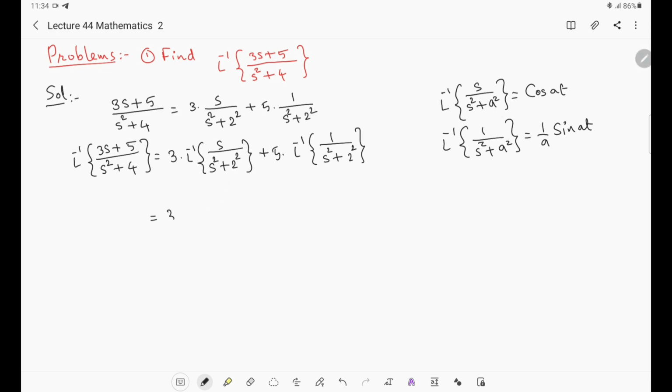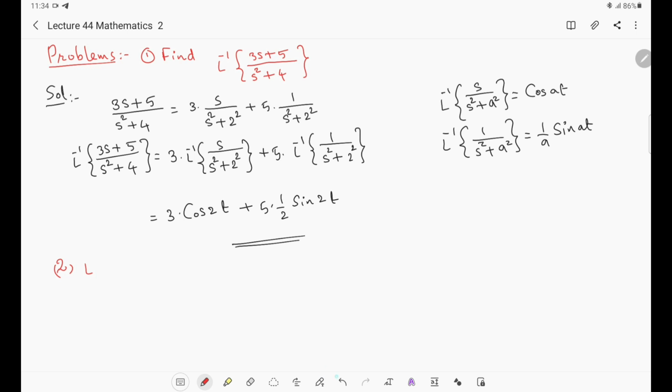So what we will get is 3 into cos 2t plus 5 into 1 by 2 sin 2t. So this is the required answer. If you want, you can write here 5 by 2 sin 2t. This is how we have to solve the problems, by using the formulae related to inverse Laplace transform. Let us see the second one.